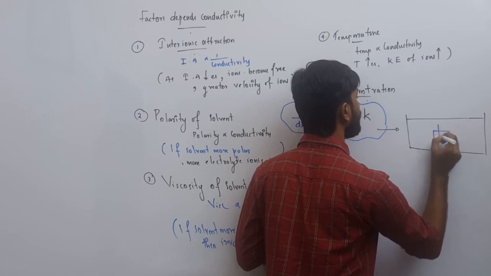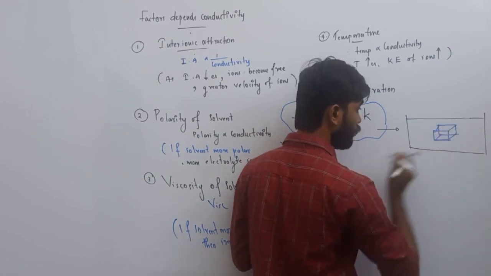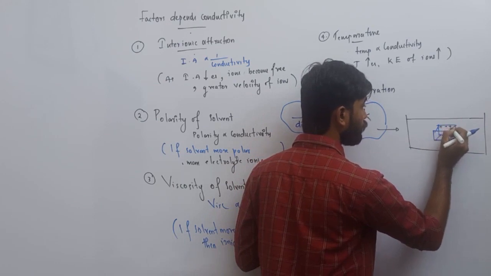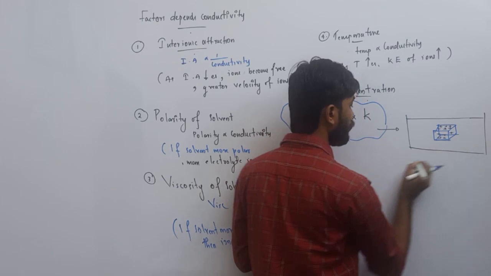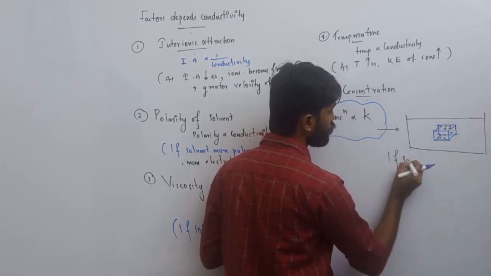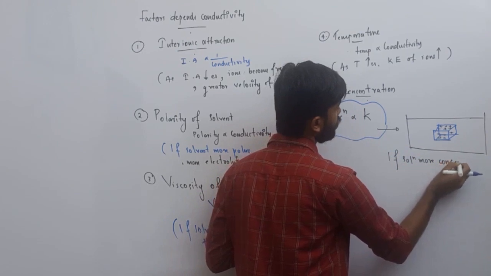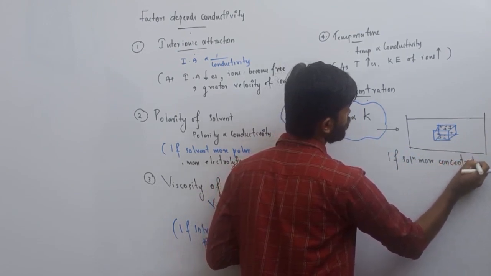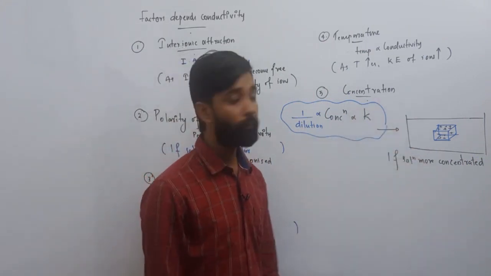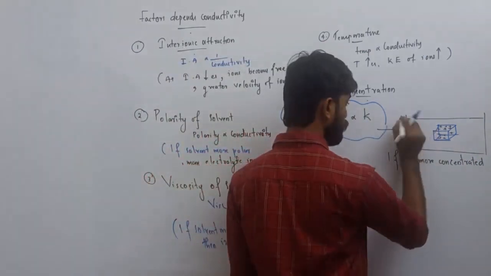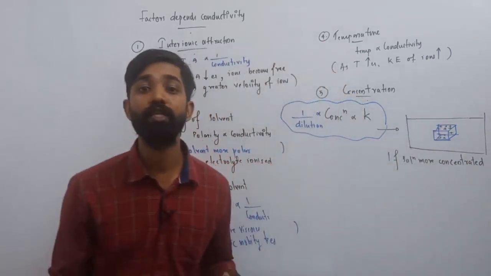If we have a cube of unit volume where the electrolytes are enclosed, and the solution is more concentrated, it has a lot of positive and negative ions.